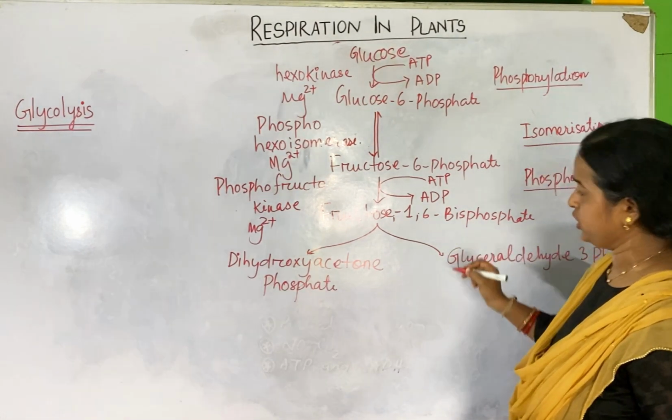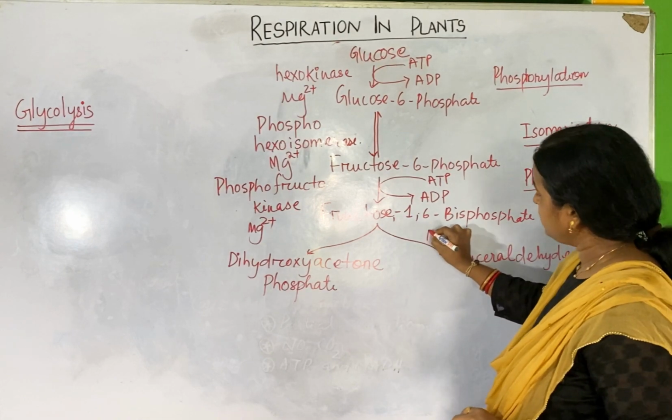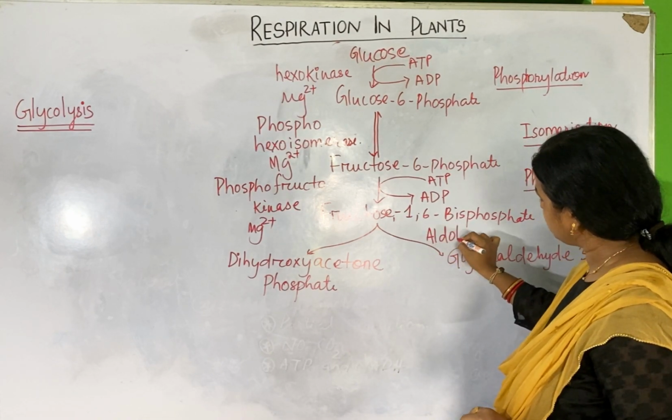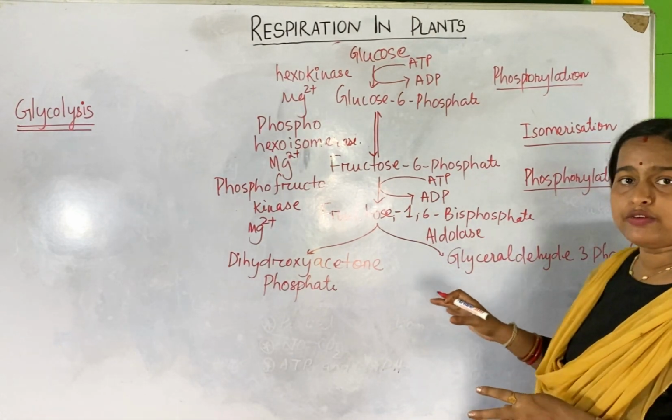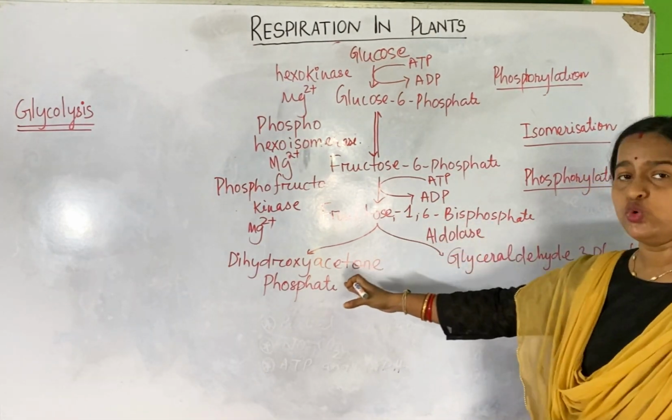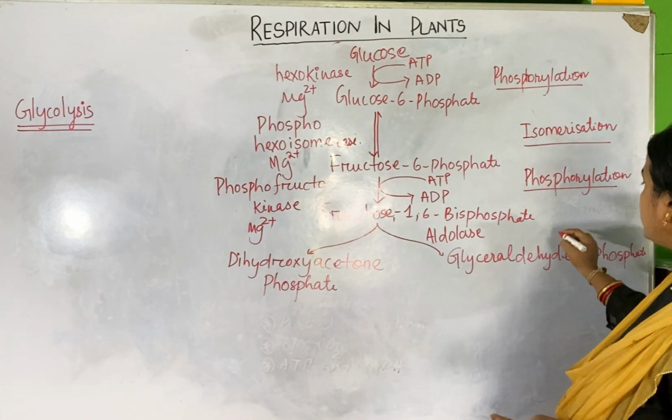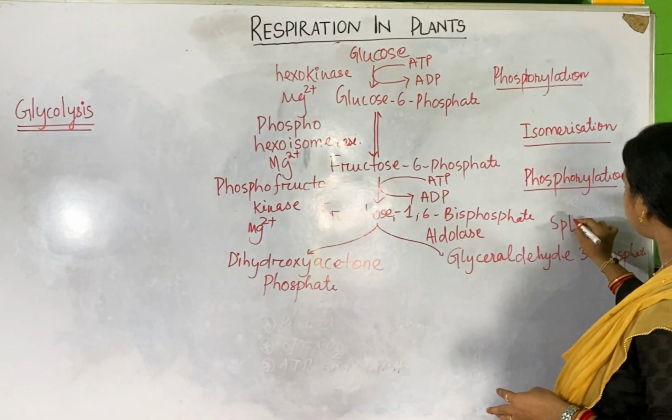The enzyme required is aldolase, and this step of splitting fructose 1,6-bisphosphate into these 3-carbon molecules is called splitting.